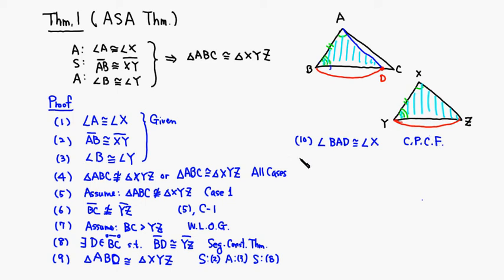Then we get in trouble, because the measure of angle A, which is BAC, is the sum of the measure of angle BAD and the measure of angle DAC.